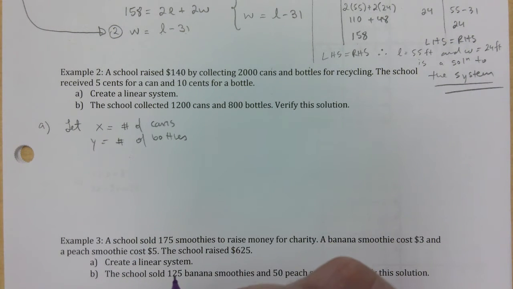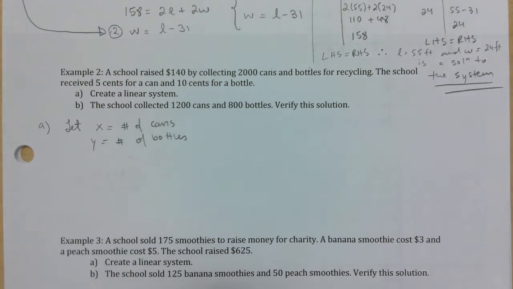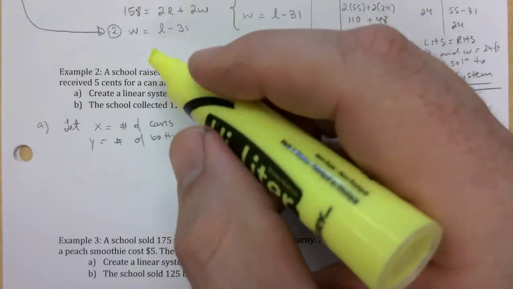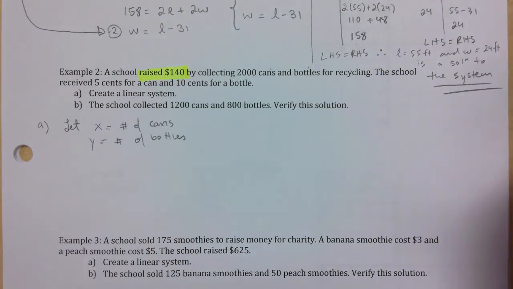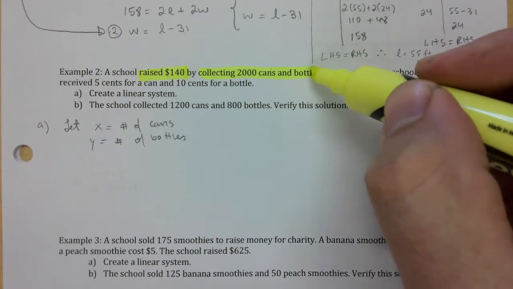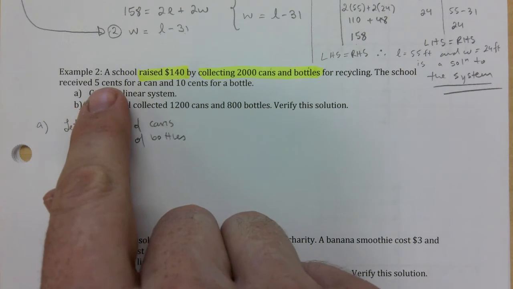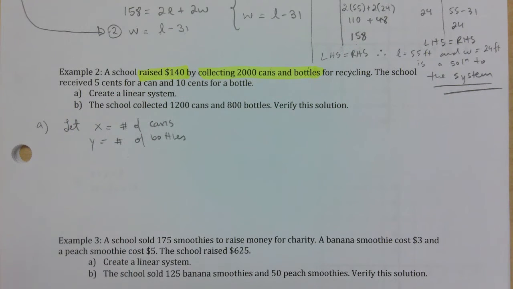So that would be your introduction to the variables. And you have to be careful here. The school raised $140 by collecting 2,000 cans and bottles. And the school received 5 cents per can and 10 cents per bottle.